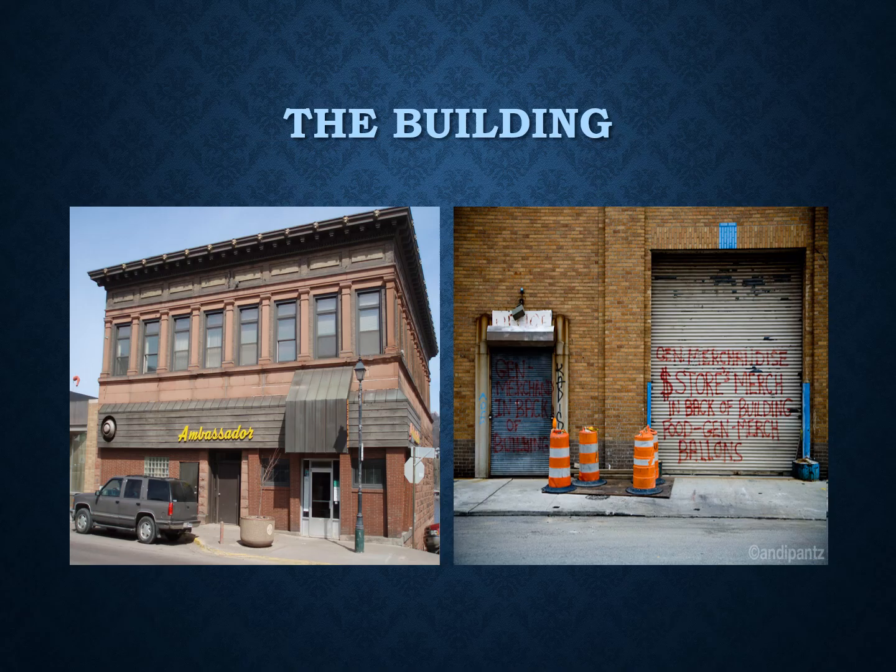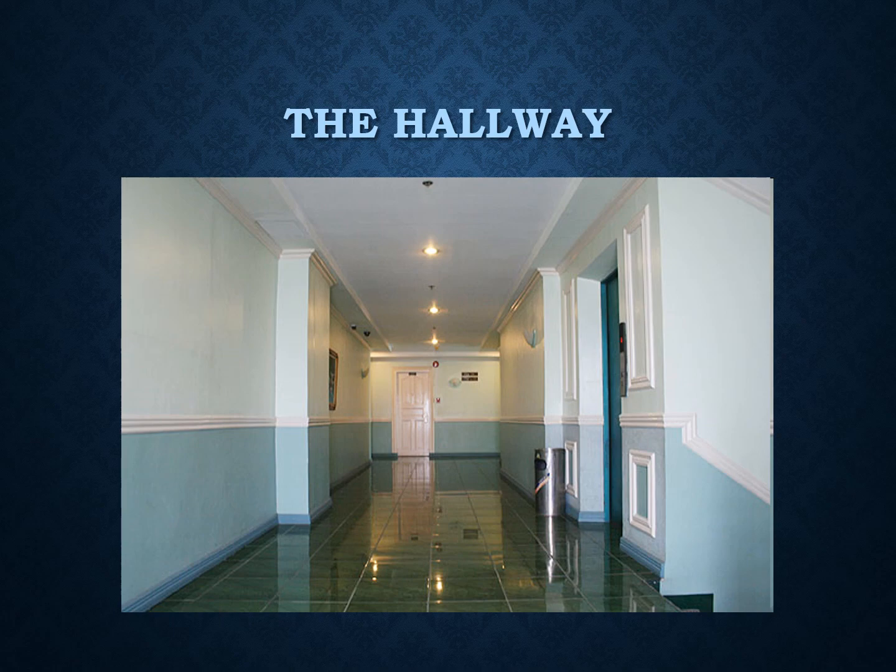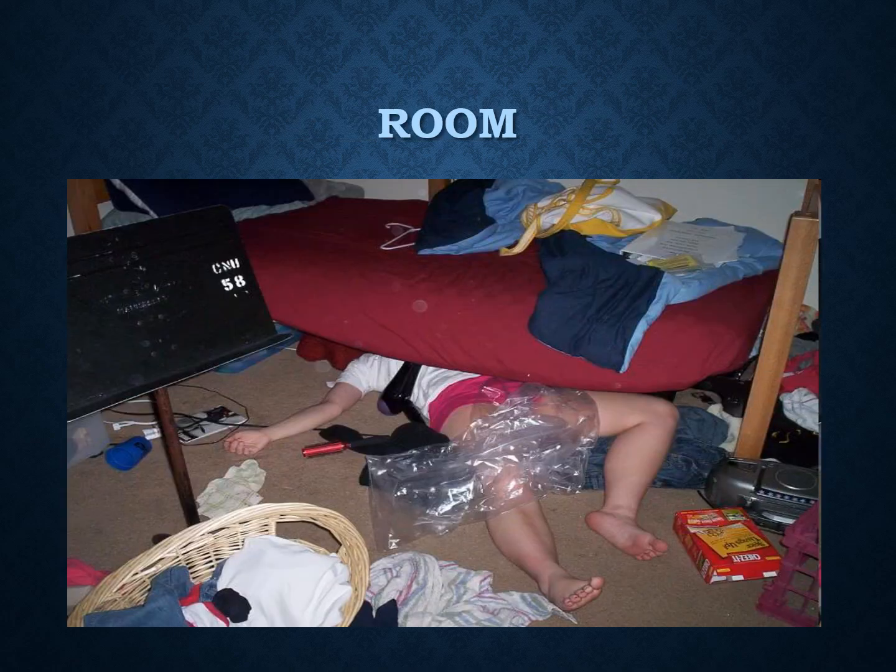And also the building itself, its entrance and exit points, possible entrance sa window, okay, kung there is, it shows forced entry of the building. The hallway itself, yung papunta doon sa crime scene itself. The room, okay, which would fall under the medium view already or the mid-range view.